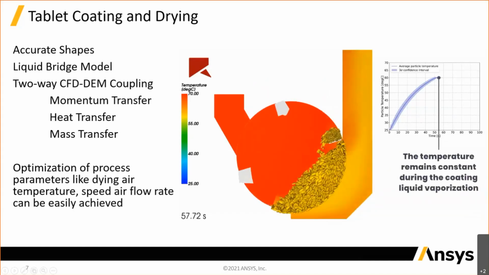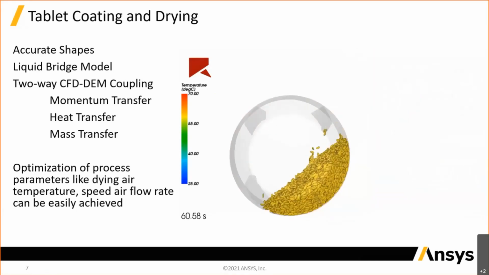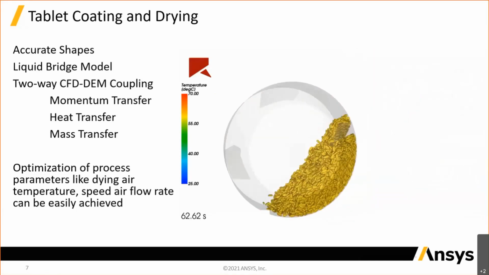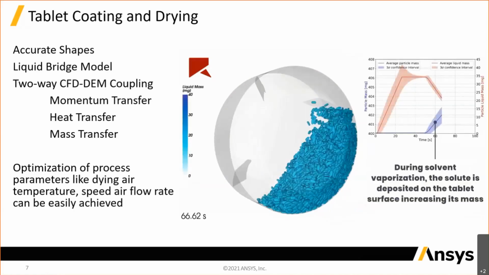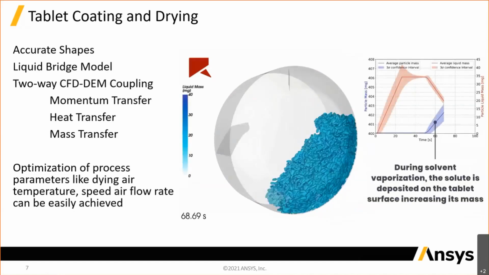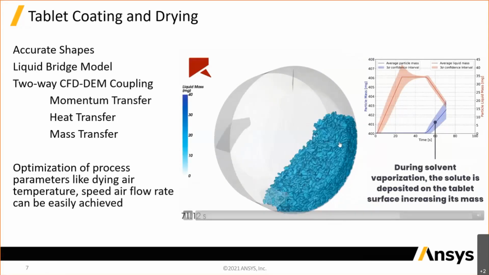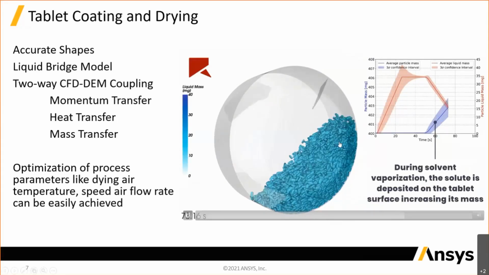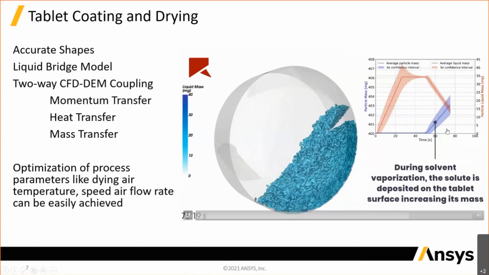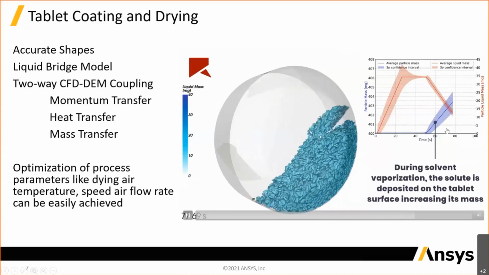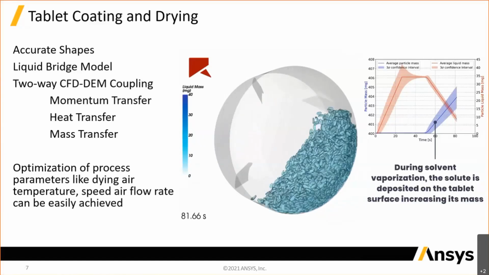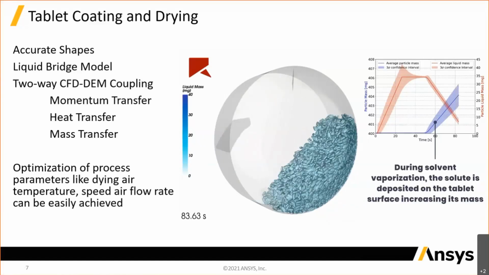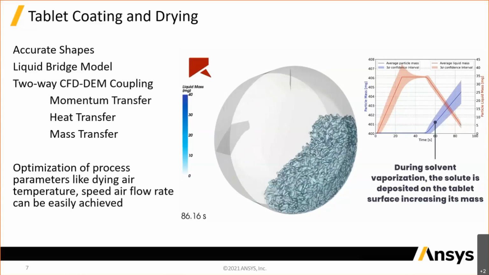After a certain time, we see that the particles' temperatures increase, and since the temperatures increase, we can see that the liquid mass inside each tablet is being reduced over time. And this liquid, in this model, will be removed according to the particle's temperature until we have no liquid in the particles anymore.